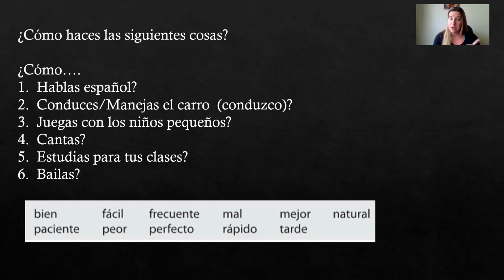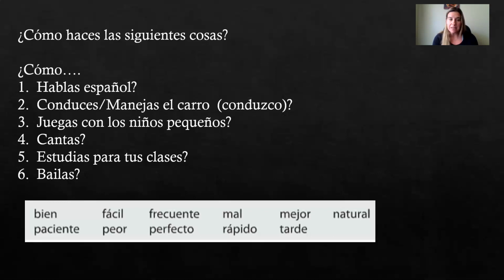I just put a note there that the verb conducir in the yo form is conduzco. It's irregular. So yo conduzco frecuentemente. Or yo no conduzco rápidamente. ¿Cómo juegas con los niños pequeños? ¿Cómo cantas? ¿Cómo estudias para tus clases?